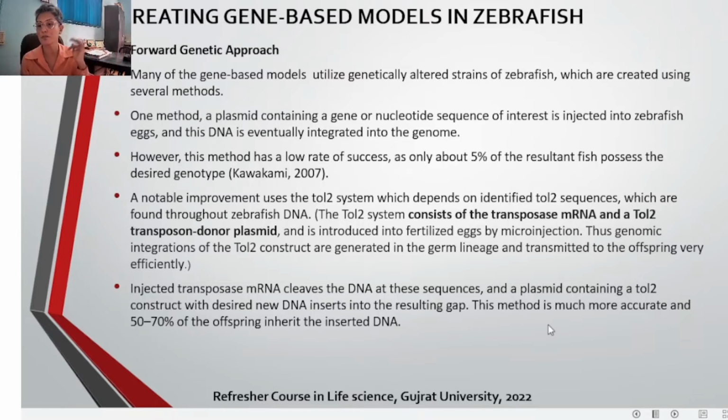The method is much more accurate, and 50 to 70% of the offspring inherit the inserted DNA. So in the previous method, with only the plasmid containing the gene or nucleotide sequence of our interest, there was only a 5% success ratio. But if we are using the Tol2 system, then the success ratio becomes 50 to 70%.